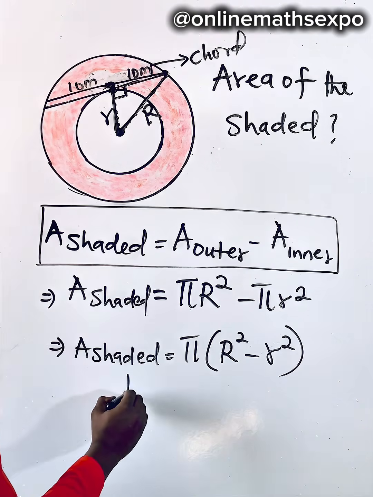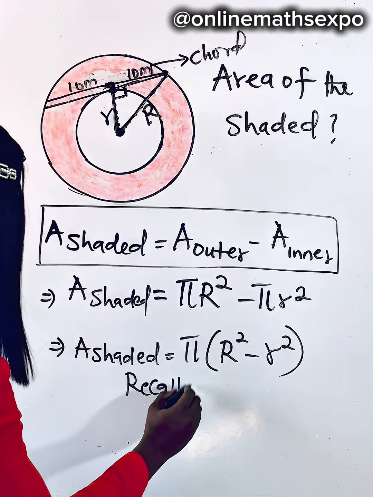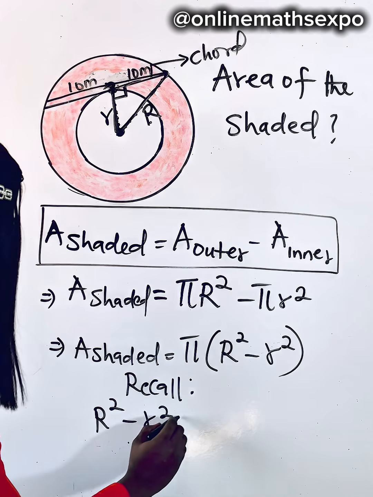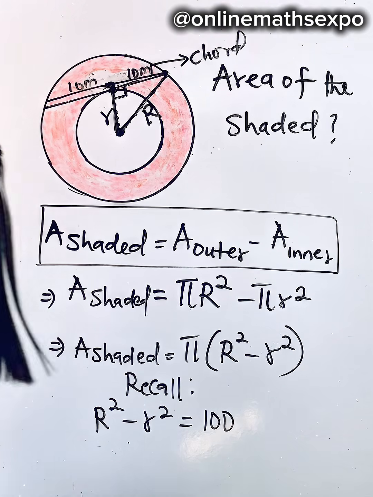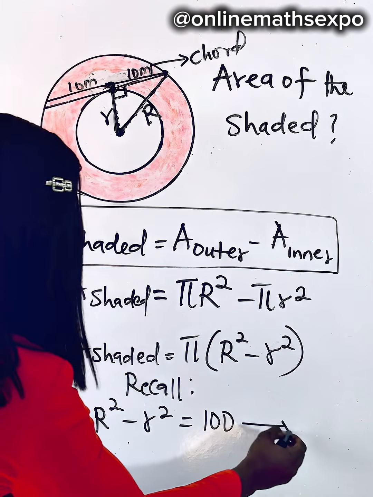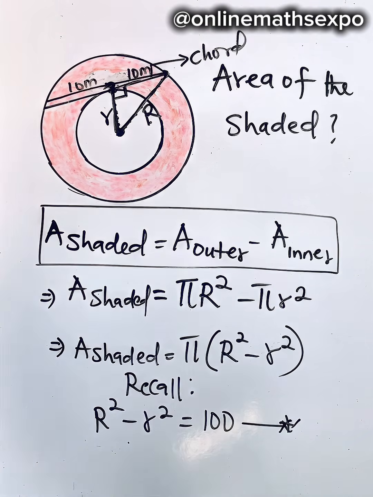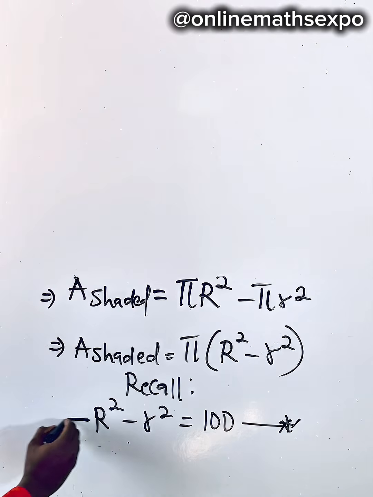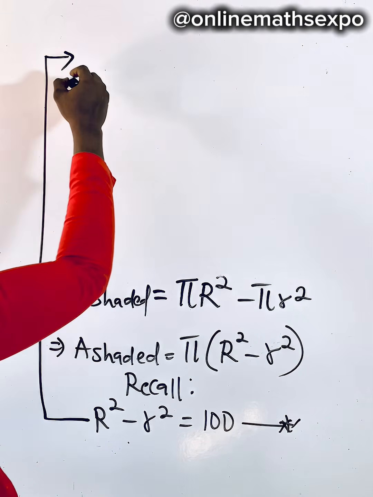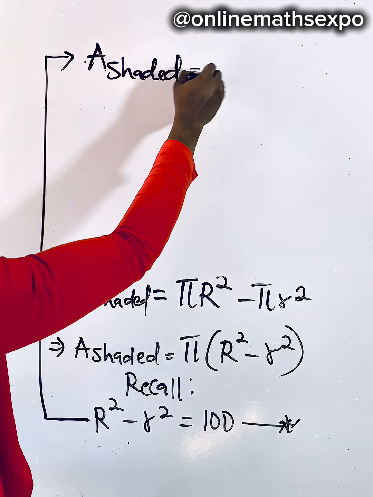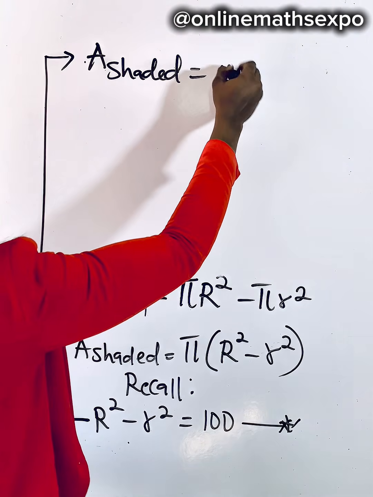Now remember, we left a statement behind that R squared minus small r squared is equal to 100. So what we do now is substitute this in this statement to help us get the area of the shaded. Let's do that together. From here, we now have area of the shaded will be equal to pi.